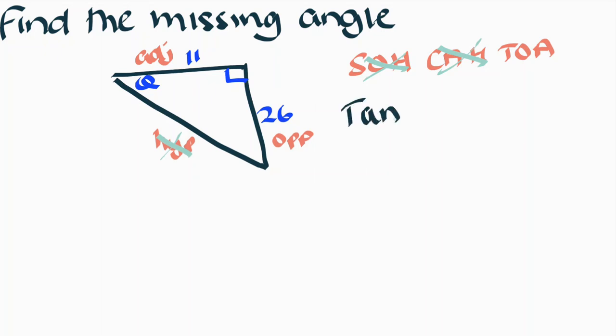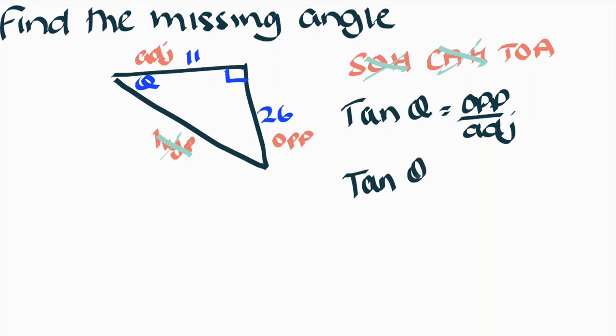So tan of theta is equal to opposite over adjacent. So tan of our angle, which we don't know, is going to be opposite 26 over adjacent 11.